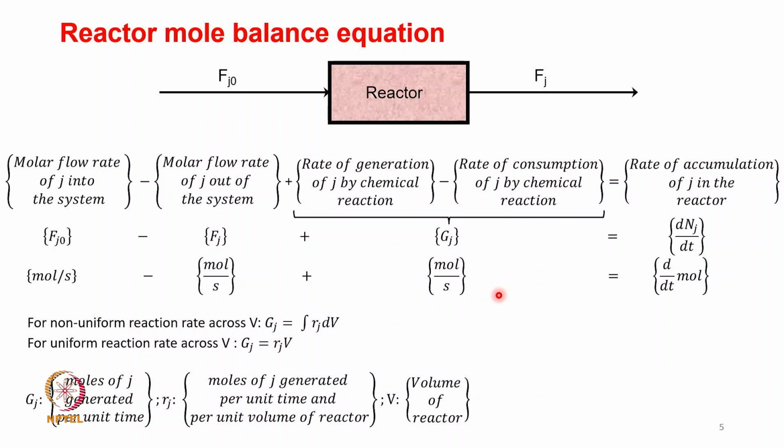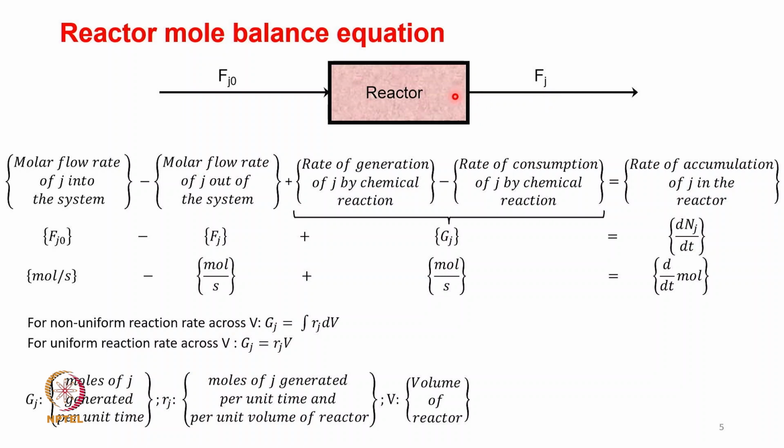So let's again just go back to the basics to understand how the mole balance equation in the reactor works. Let's assume that we have a reactor here, you have a molar flow of Fj naught going inside, and the reaction takes place, and eventually you are taking out a molar flow rate of Fj.